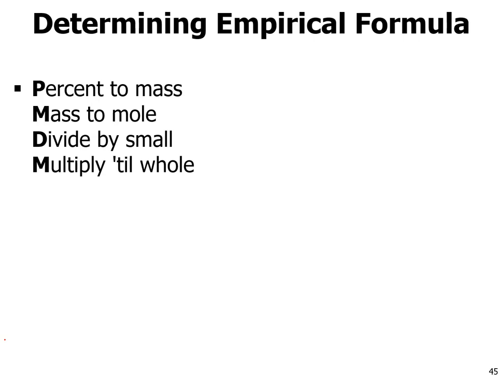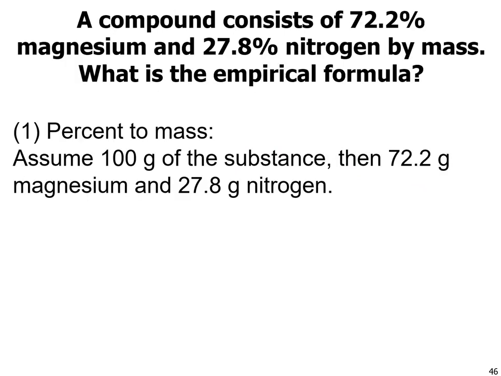The saying is: percent to mass, mass to mole, divide by small and multiply till whole. So it's a little rhyme that will hopefully help you determine the empirical formula. I am going to show you how this rhyme works and how we use it.